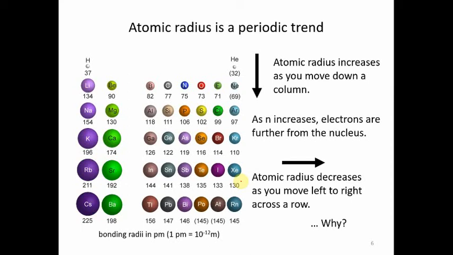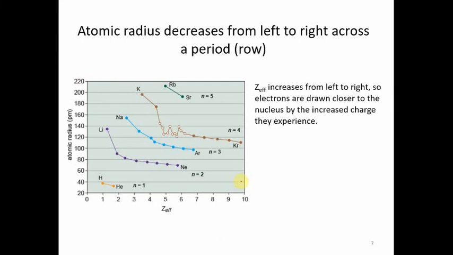And the reason for that is related to what we just discussed in terms of the effective nuclear charge. Because the effective nuclear charge increases from left to right, the electrons are drawn closer to the nucleus as they experience a greater nuclear charge.